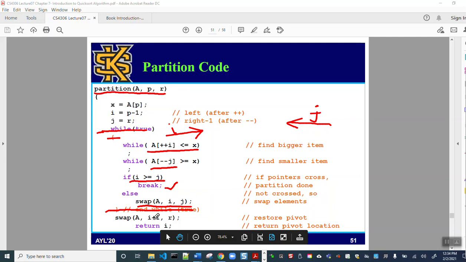How long do we need to do this? We need to do this until we get the pivot element in position. So we need to have another loop.